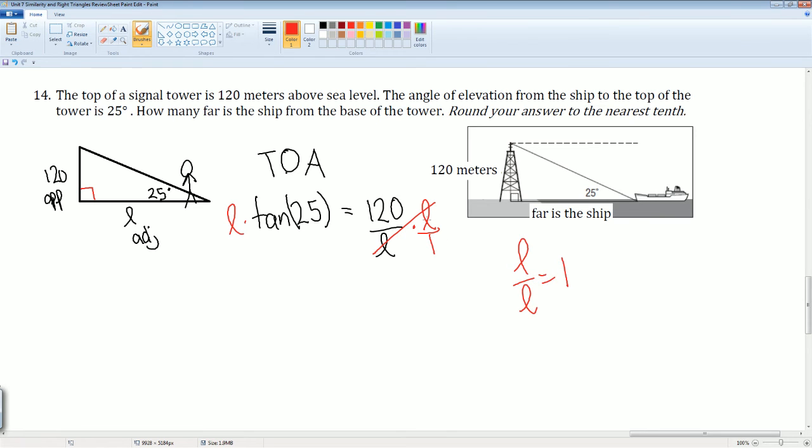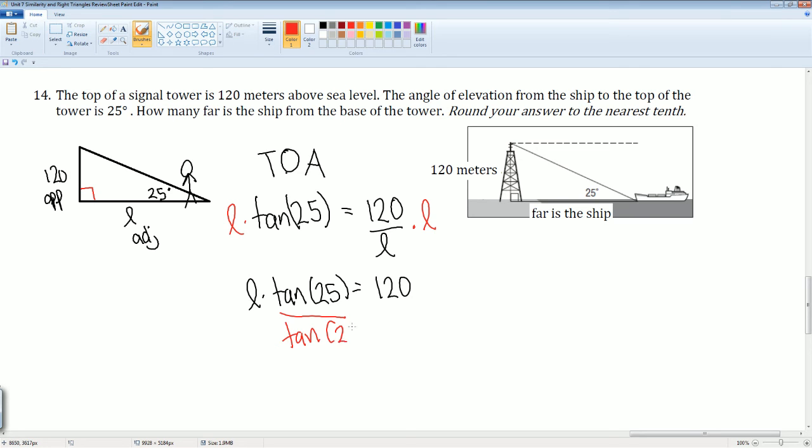That is the reason why I multiply both sides by L. I get L times tan of 25 is equal to 120. Now I'm going to divide both sides by tan 25, because again I'm trying to get L by itself. So L is equal to 120 divided by tan of 25.